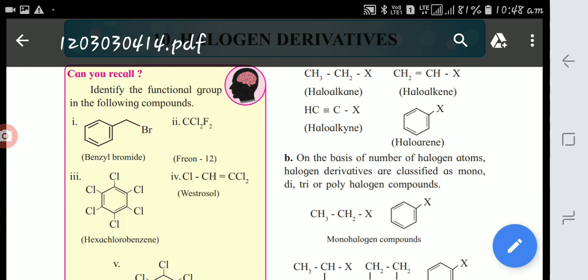In hexachlorobenzene, there are 6 chlorine atoms, but they are of the same type, so chlorine is the functional group. In the next compound, 3 chlorine atoms are there. One chlorine is attached to the first carbon and 2 chlorines are attached to another carbon atom.